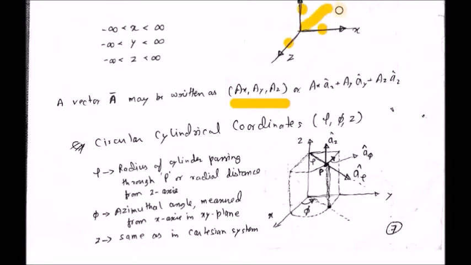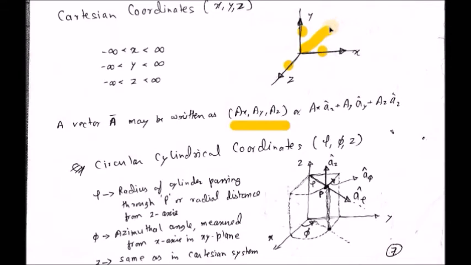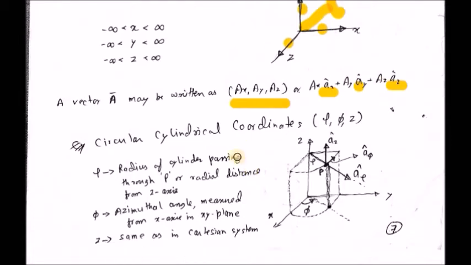Suppose this is your vector A. This will be your Ax, this will be your Ay, and the component of A along the z direction will be Az. We can write it another way also: Ax in the direction of x-hat plus Ay in the direction of y-hat plus Az in the direction of z-hat. These small x-hat, y-hat and z-hat are unit vectors along the x, y and z directions.